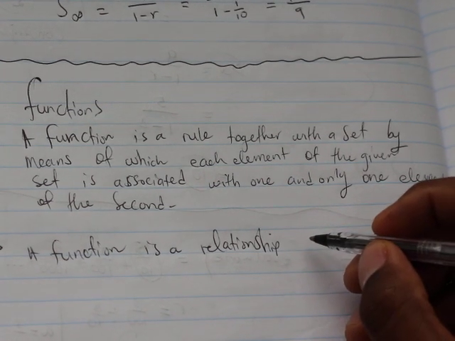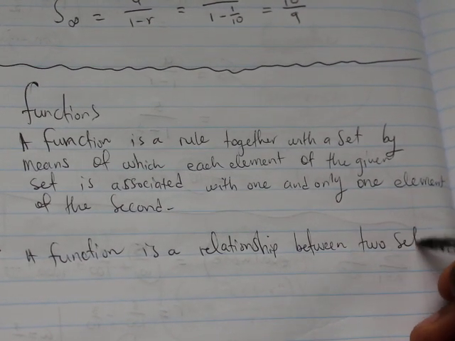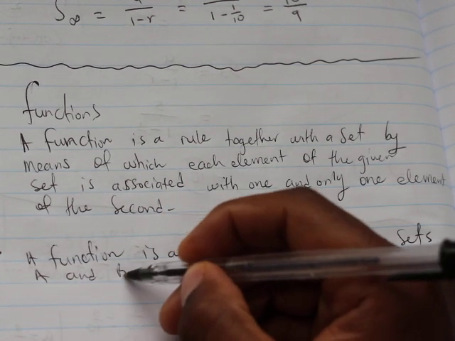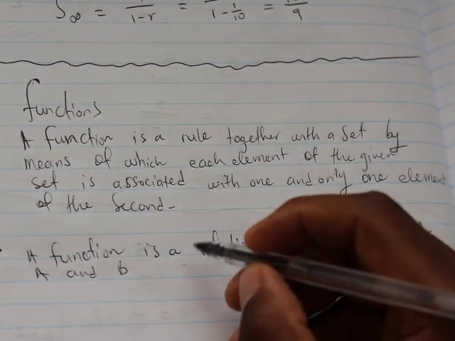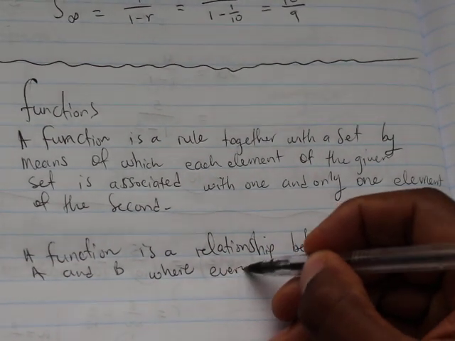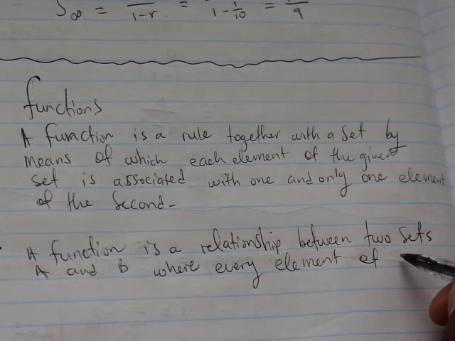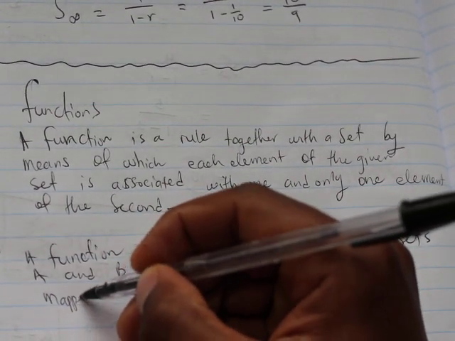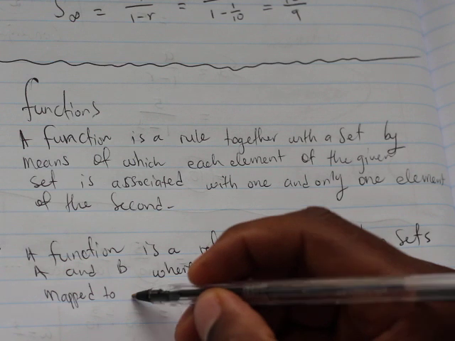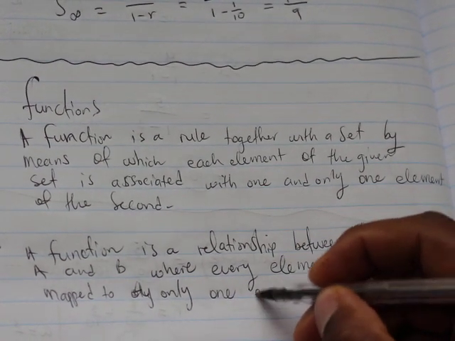A function is a relationship between two sets, A and B, where every element of A is mapped to only one element of B.